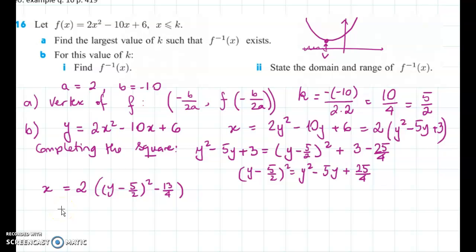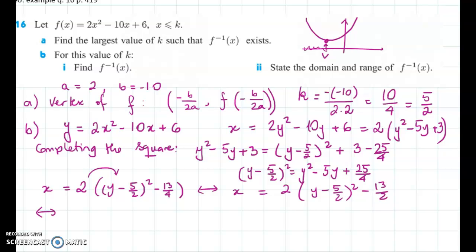Expanding inside the bracket, we have that x is equal to 2 multiplying the bracket with y minus 5 over 2, all of that squared, minus 13 over 2.